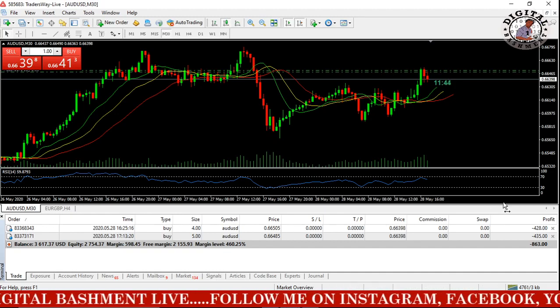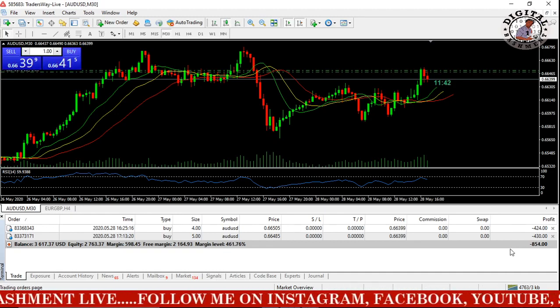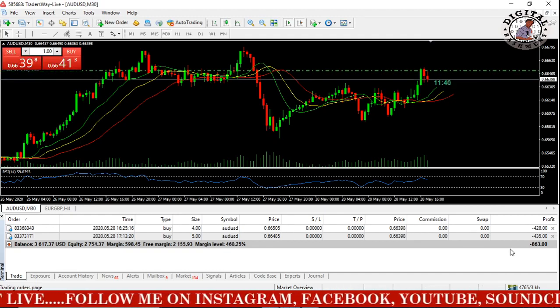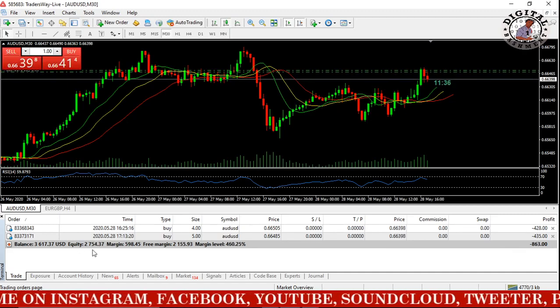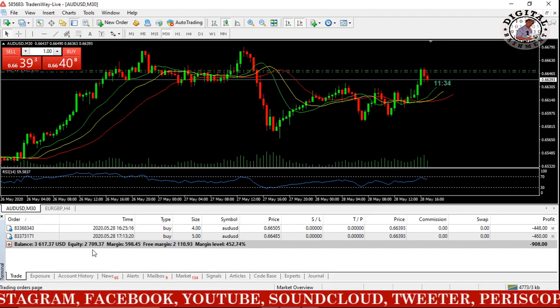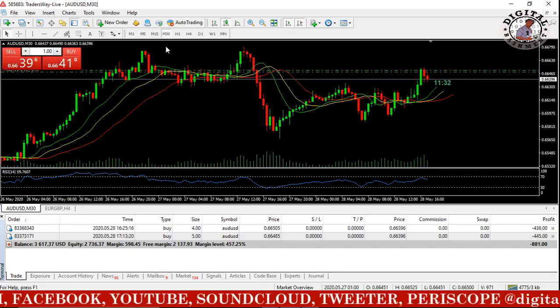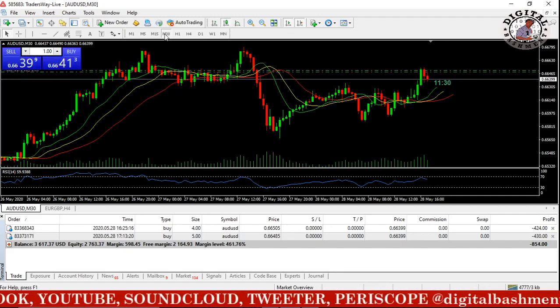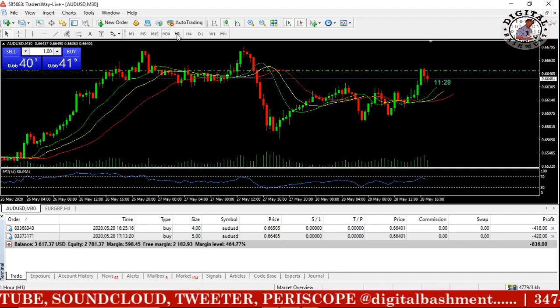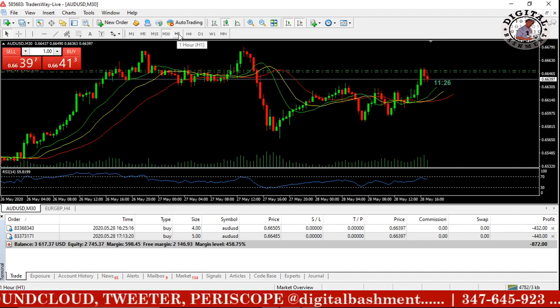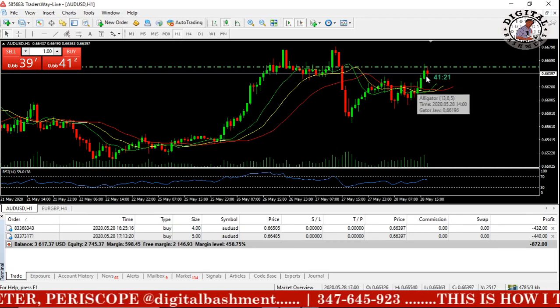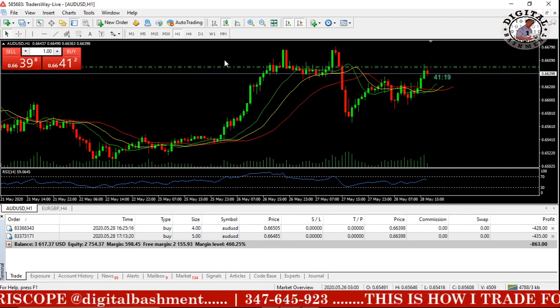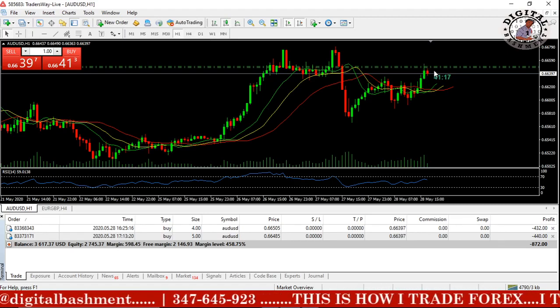See this? Ooh. Don't panic. We have enough leverage, don't panic. That's half an hour. You never know what direction this thing is gonna go, man. We still have a lot of time under this 1 hour candle.